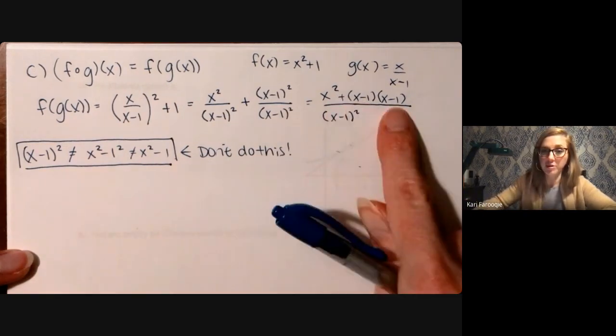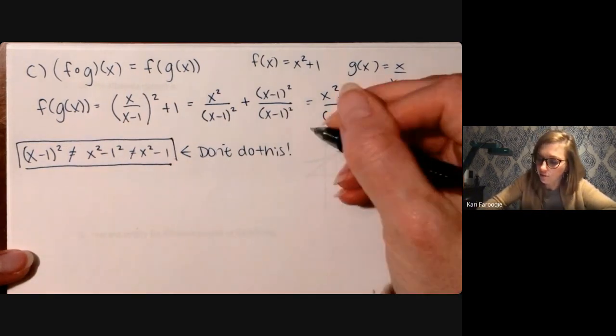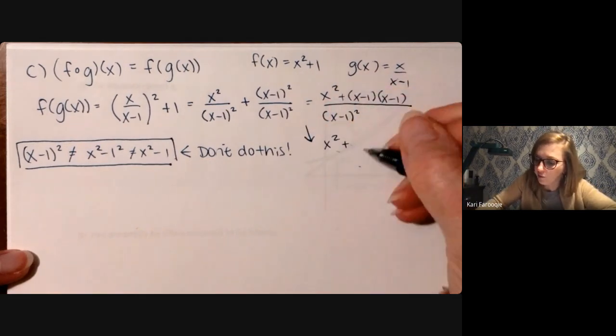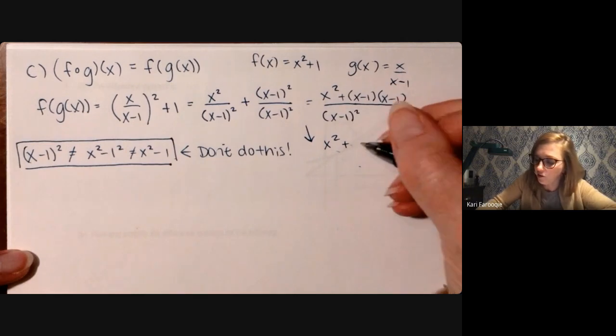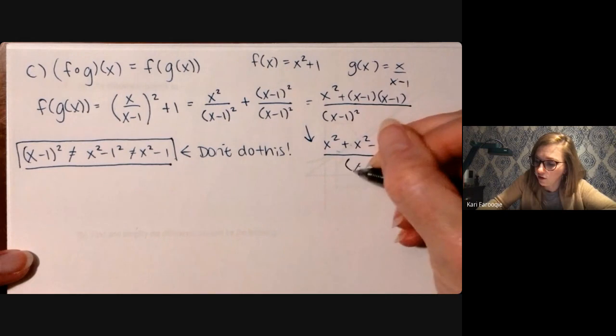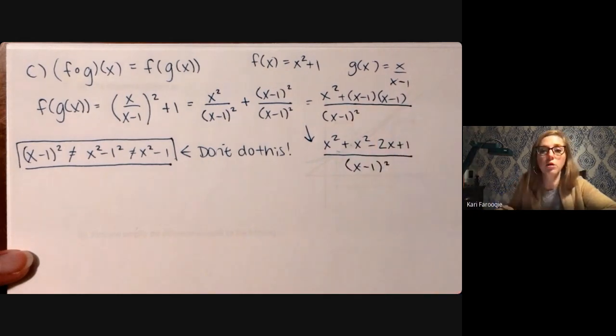All right, so that being said, I'm going to rewrite this by FOILing. So x minus 1 times itself is x squared minus 2x plus 1. Divide that by x minus 1, quantity squared. Now, there's a little bit of work to do, but not much. It's almost done at this point.